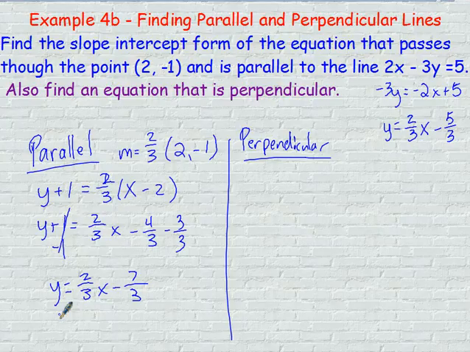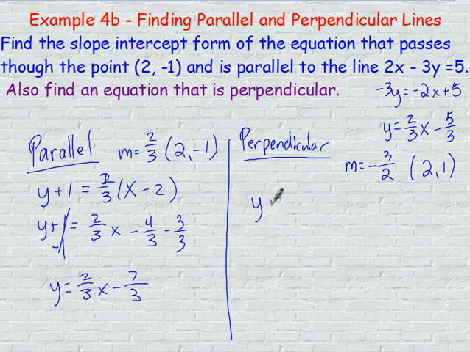For perpendicular, what's the slope? Negative 3 over 2. And the point is the same. Okay, so then it's going to be what? y plus 1 equals to negative 3 over 2 x minus 2.